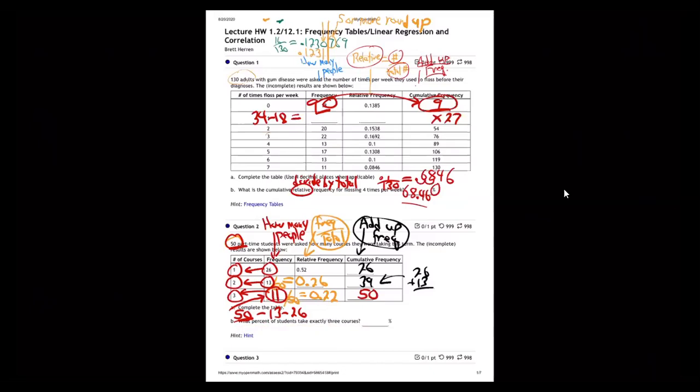Exactly 3? Wouldn't that be the frequency divided by the 50? Yeah, right. That's going to be the 11 over 50, right? Yeah, because 11 people take exactly 3 courses, which is 0.22. That's what I did right there.